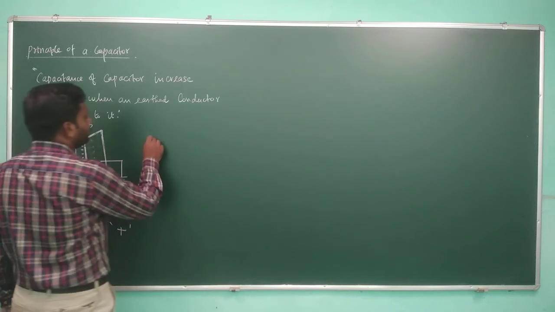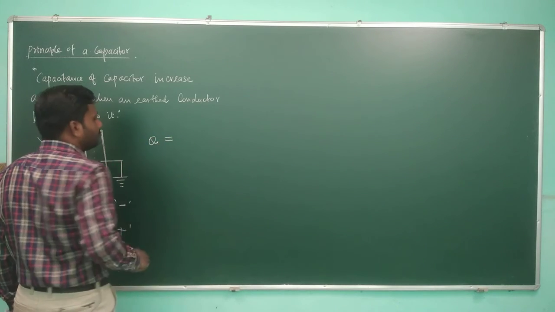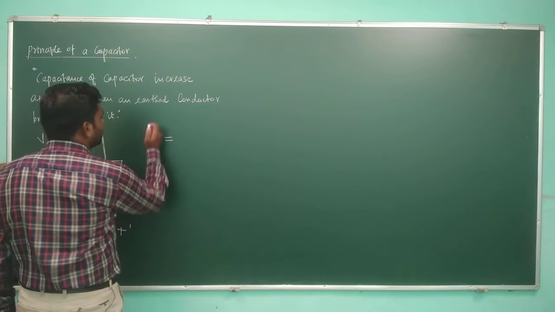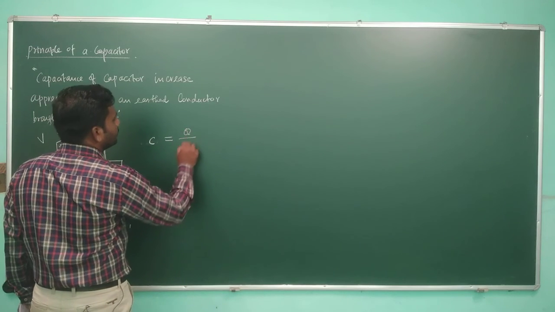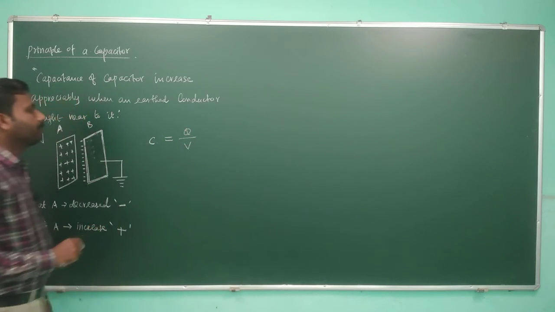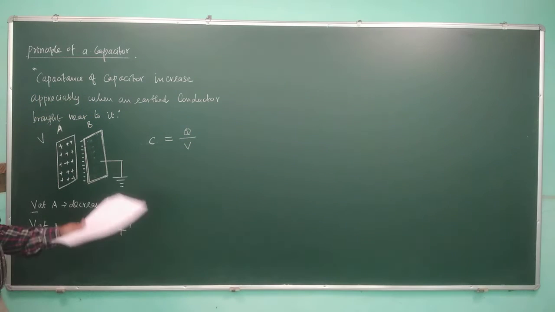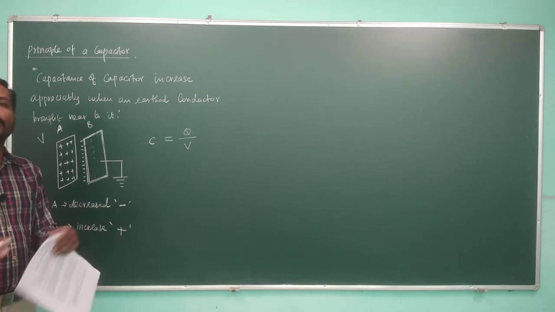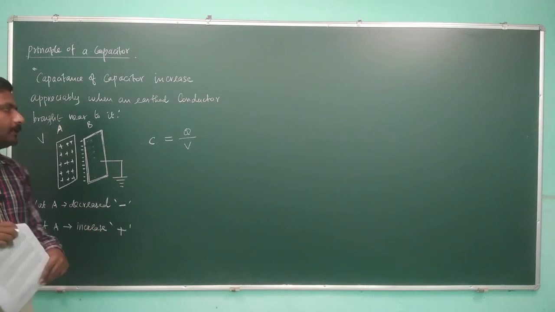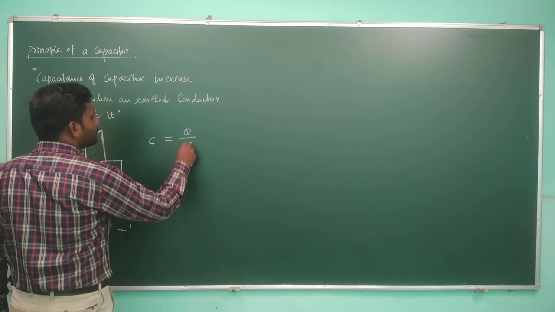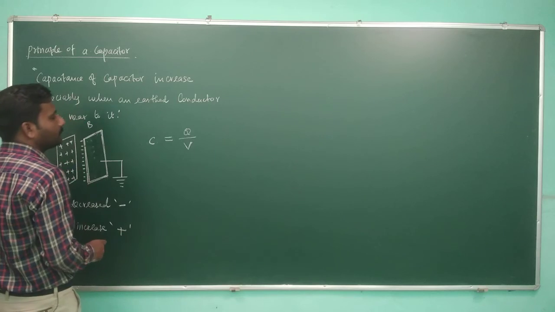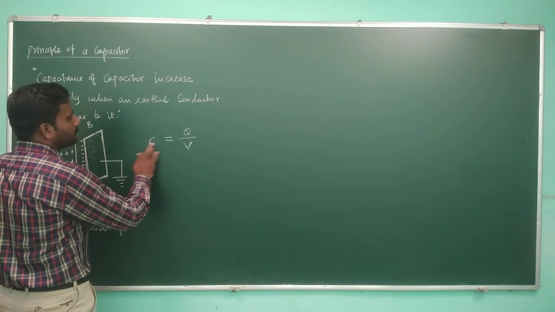Now you can write the equation for capacitance, C equal to Q by V. Now this V is decreasing, so what happens?